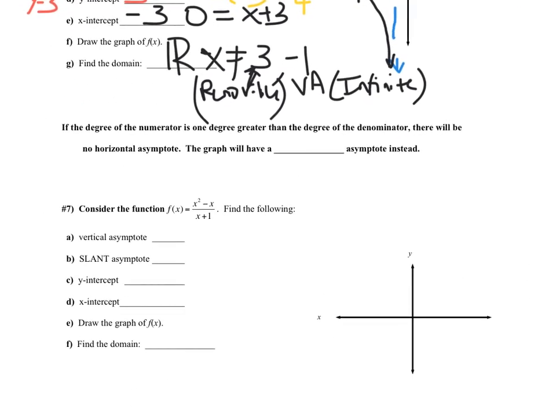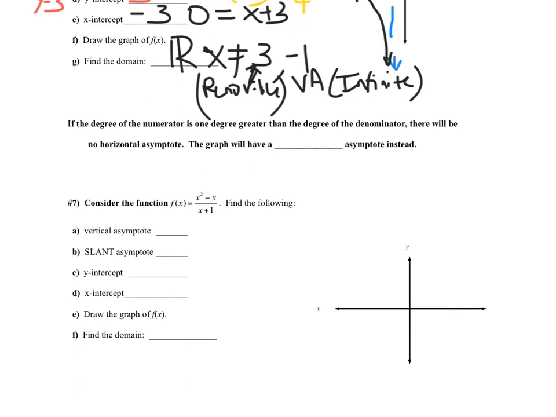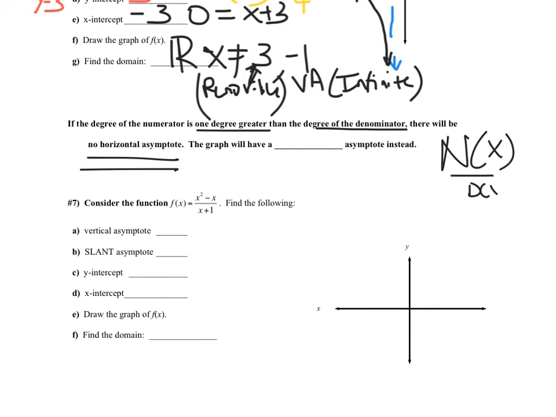All right, if the degree of the numerator is 1 degree greater than the degree of the denominator, there will be no horizontal asymptote. Now, we know that if the degree of the numerator was bigger than the degree of the denominator, we get none. The n wins, none, okay?